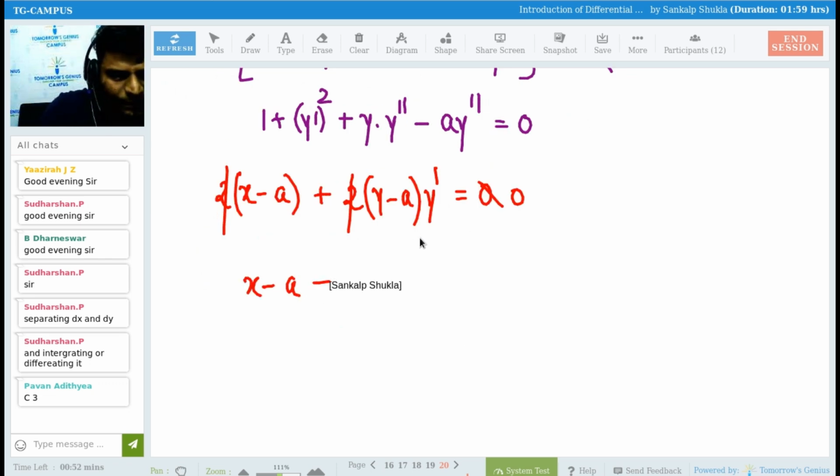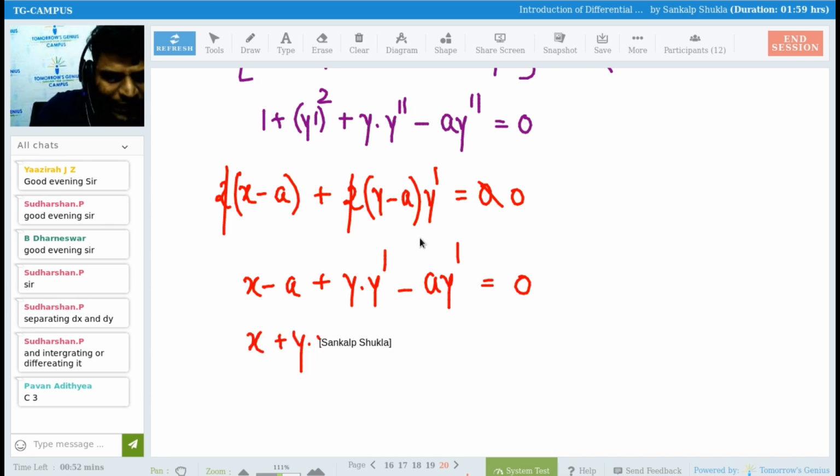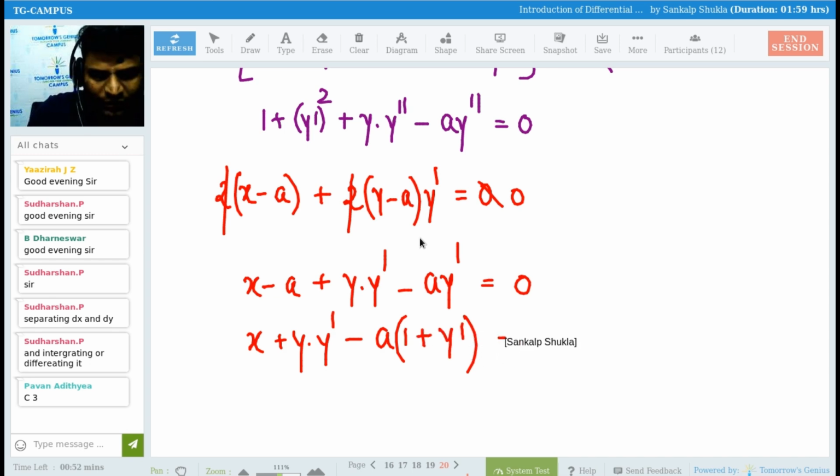Now, what we are left with? We are left with x minus a plus y into y dash minus a into y dash, right? So we can take a as common from these two terms. Okay, so x plus y into y dash, if we take minus a as common, it will become 1 plus y dash equals to 0.